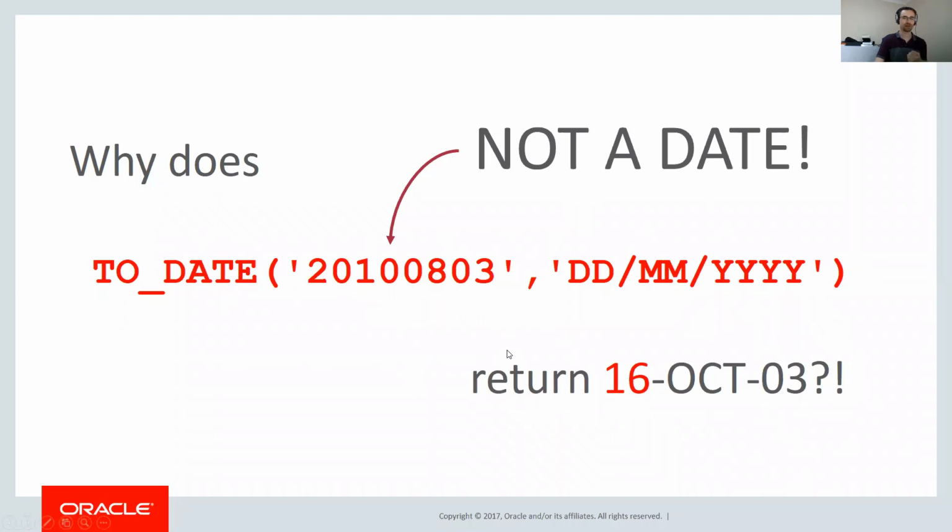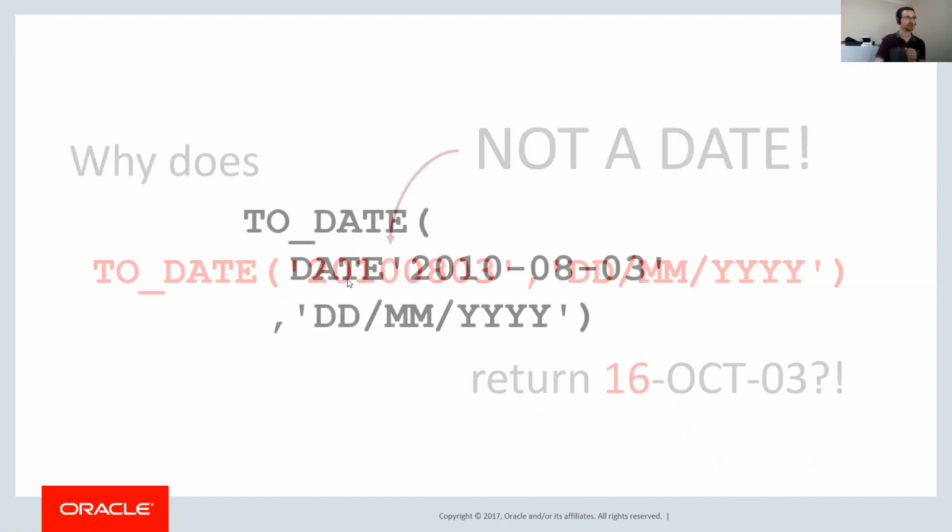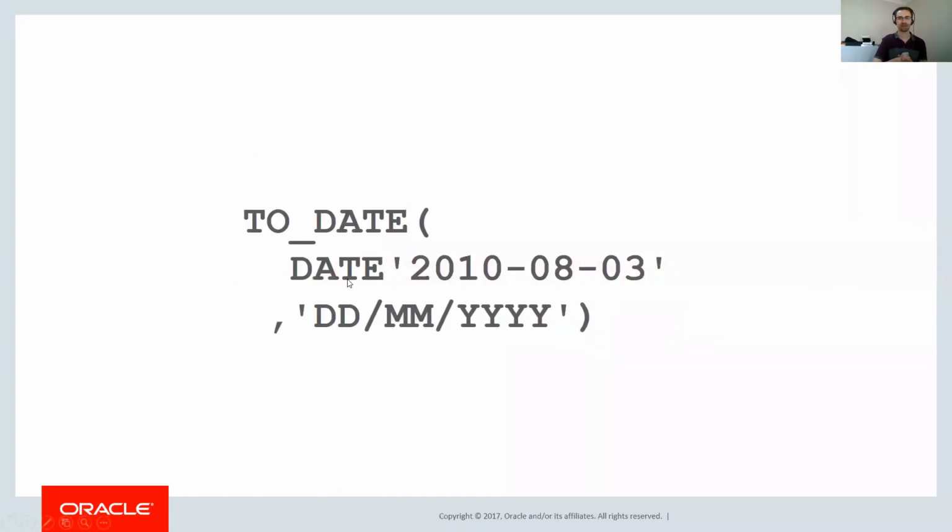Now, let's imagine it really was a date that we were actually converting. So we're doing TO_DATE on a date. We've got the 3rd of August 2010 as an actual date, and we're doing a TO_DATE on it.